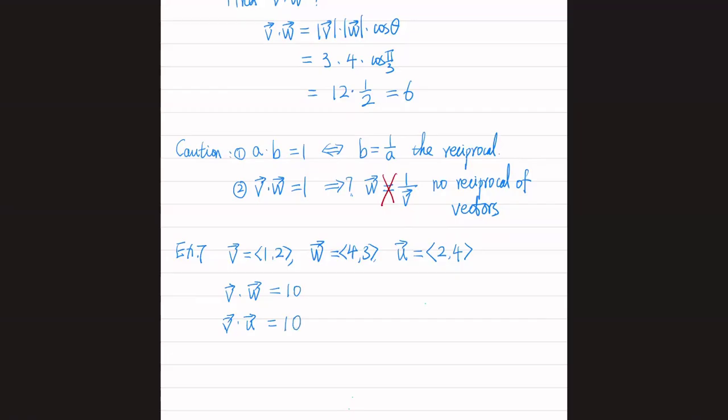So the same vector dotted with two different vectors gave us the same number. Even though it is not zero, we cannot take the reciprocal because these two vectors are different.